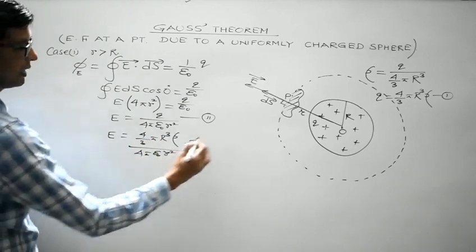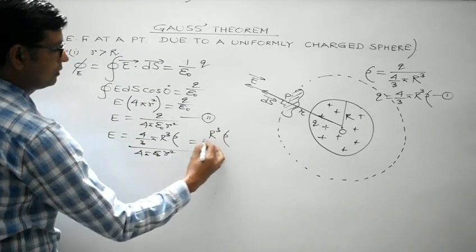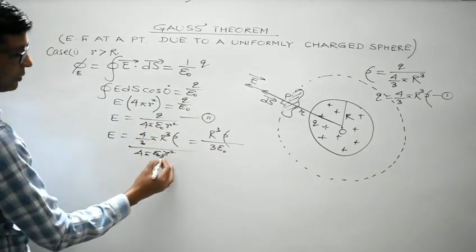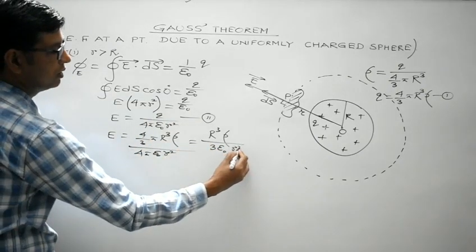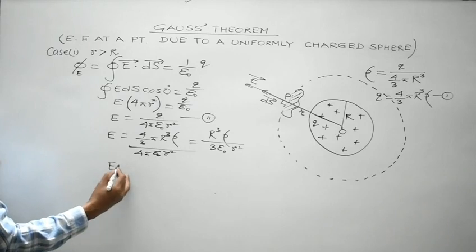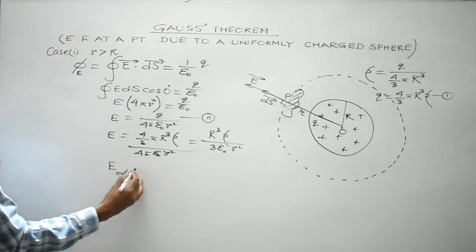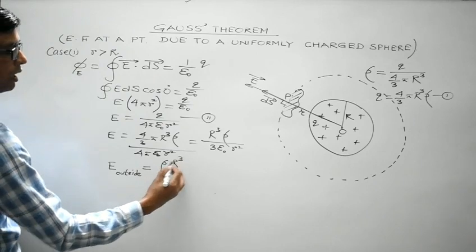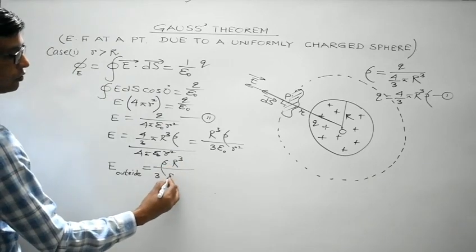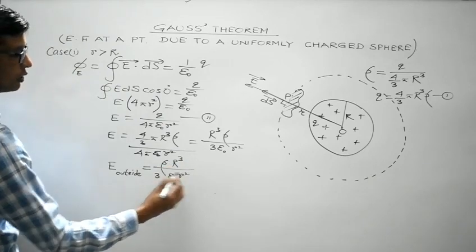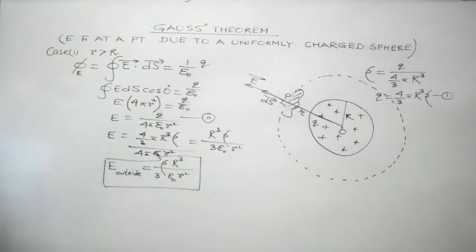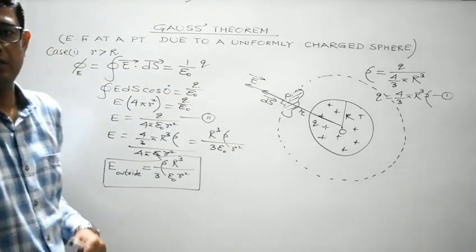The 4 pi gets cancelled, and r square will also be there. So the electric field at a point outside the uniformly charged sphere would be given by rho R cube divided by 3 epsilon r square. This is the expression for the electric field at point P.